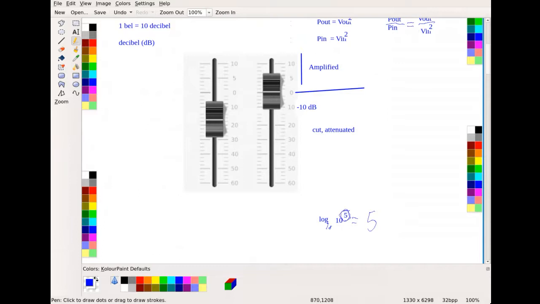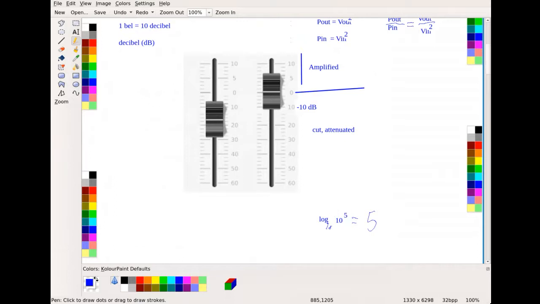When we're doing log base 10, our base is 10, and when you take the log of 10 to the 5th, you're left with the 5. So the log function is getting us the exponent of a number like this.